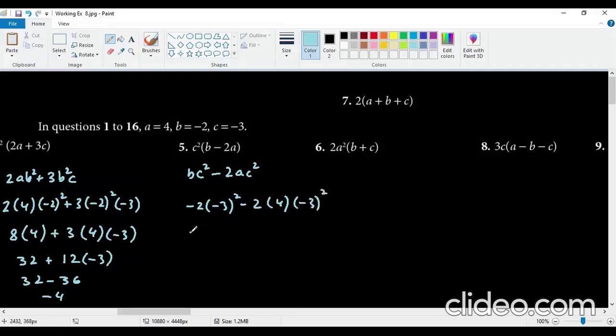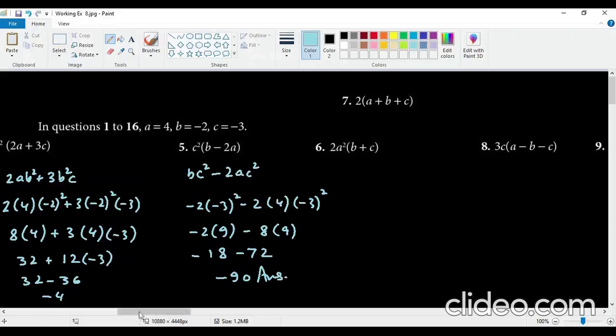So -2 multiplied by a 9, minus 2 times 4 is going to give you an 8, and -3 square is going to give you a 9. So it's going to give you -18 and -72. So this is going to give you -90 as an answer.